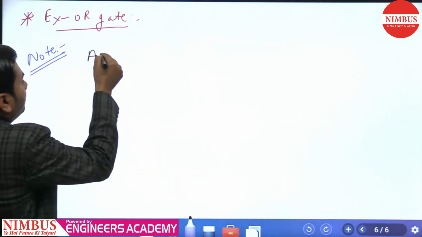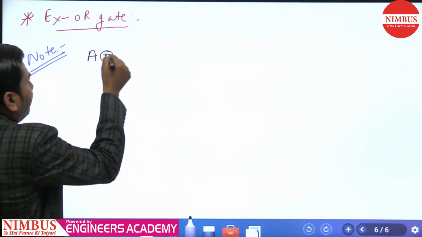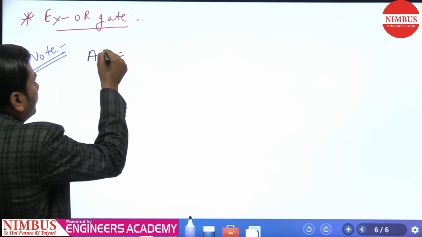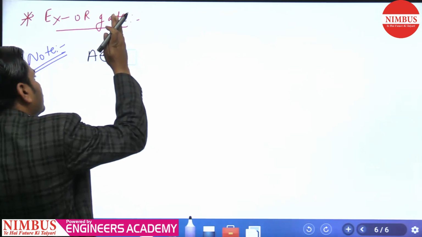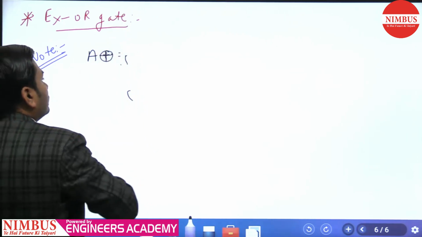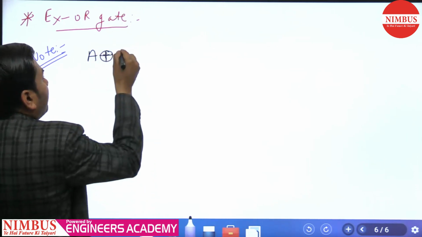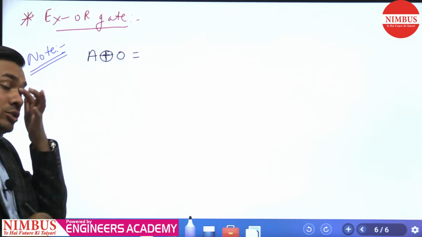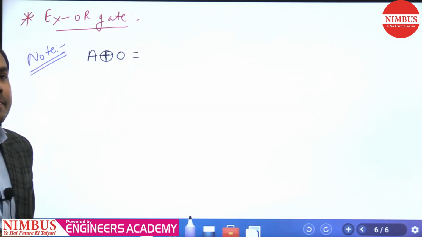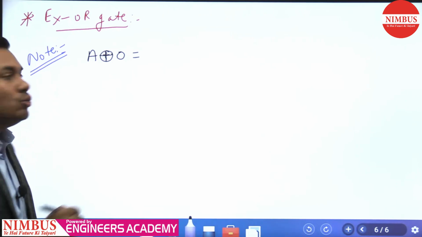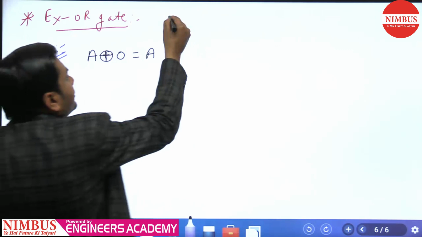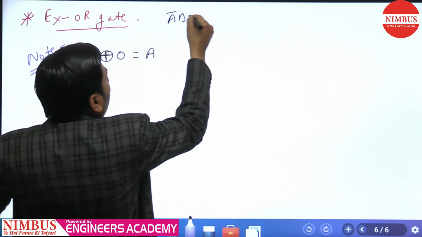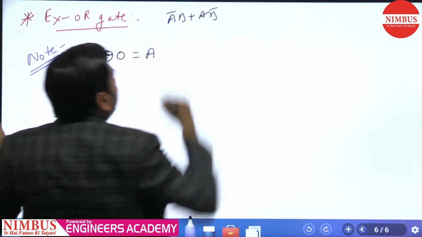On the board, guys, if we are having A XOR 0, that is equal to A. A XOR 0 is equal to A. Simply we have the formula A bar B plus A B bar.